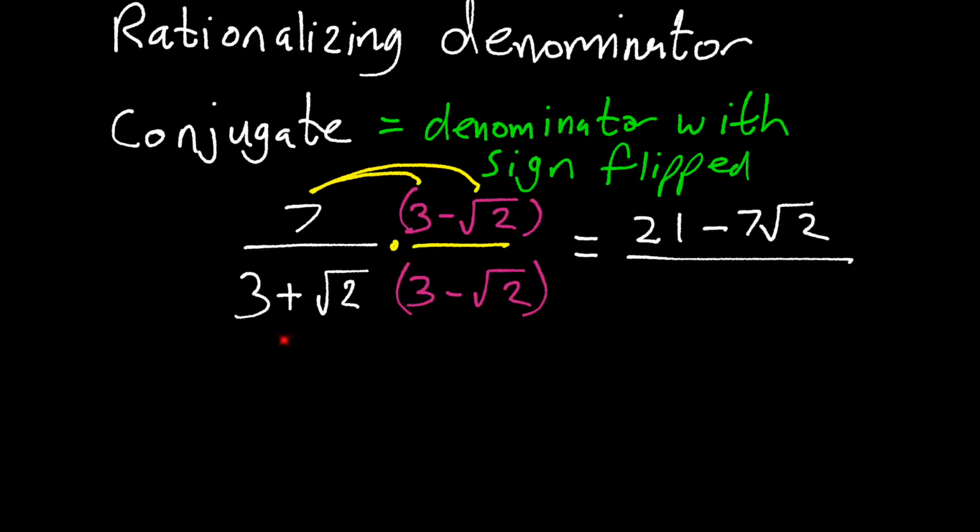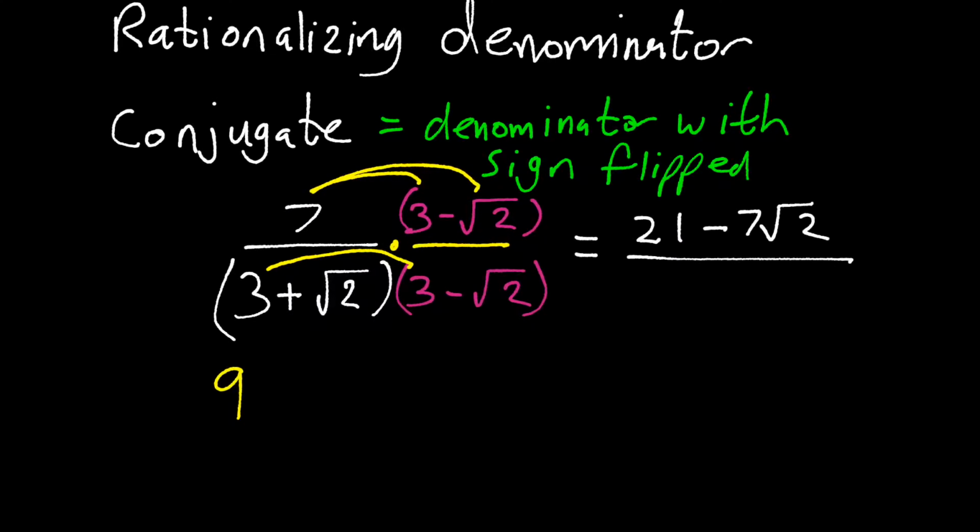The denominator, as you're probably noticing, is going to be a foiling distribution, because I've got 2 terms over here and I've got 2 terms over there. So this one is a little more complicated, but it works out really nice in the end. So let's start by multiplying our first terms, which is 3 times 3, 9.